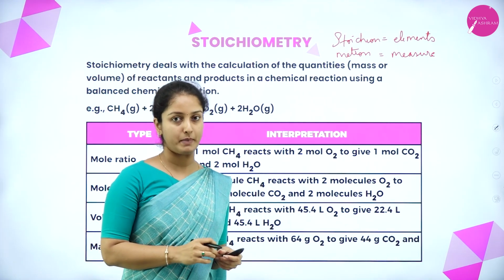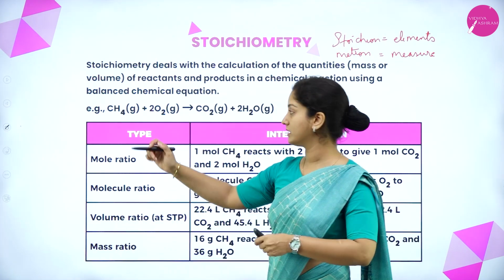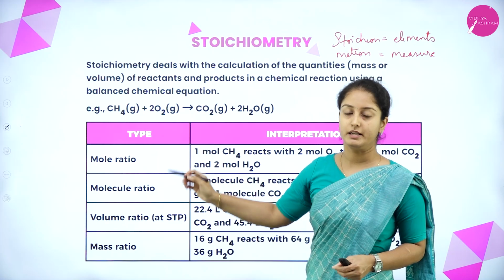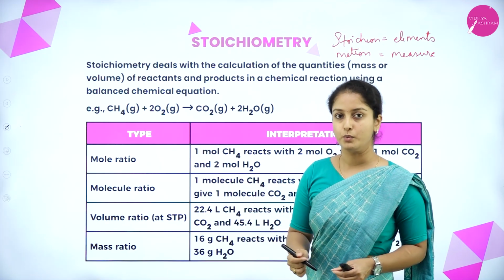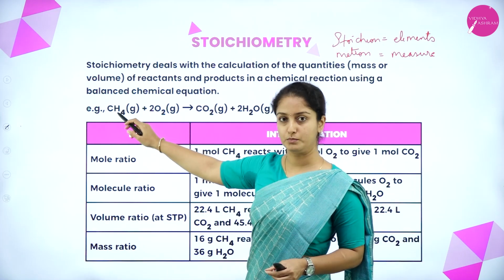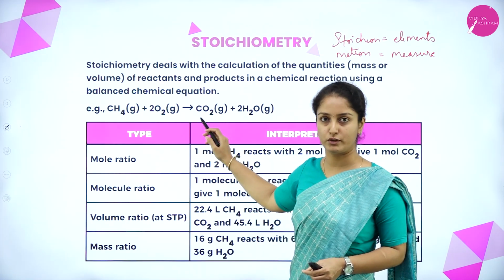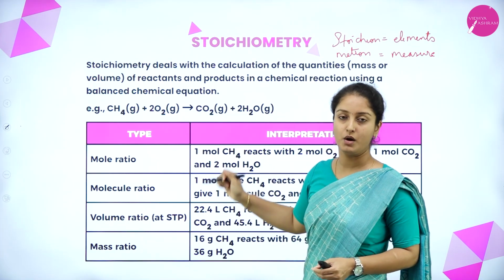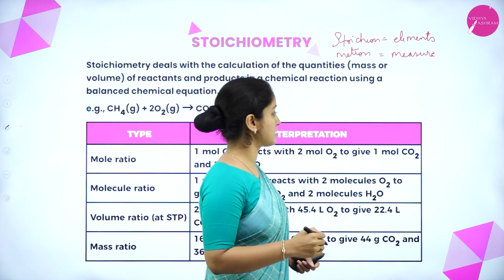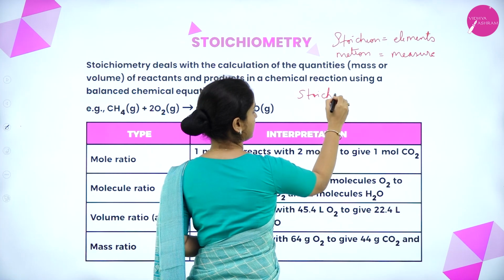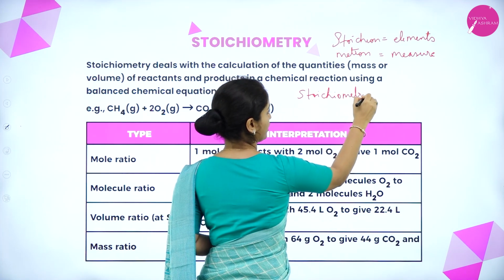In a given balanced chemical equation, the numbers beside the molecules of the reactants and the products represent the coefficients, which is here 1 mole of methane and 2 moles of oxygen react to give 1 mole of carbon dioxide and 2 moles of water. So those numbers represent coefficients, which are called stoichiometric coefficients.